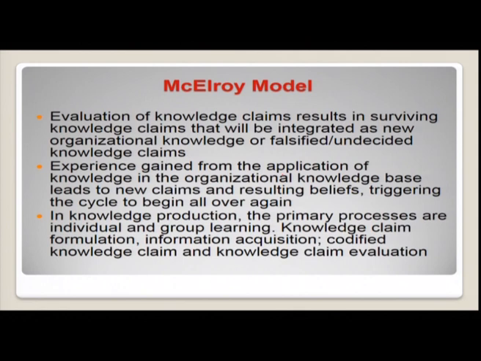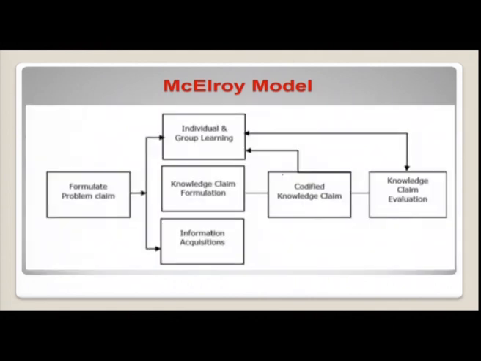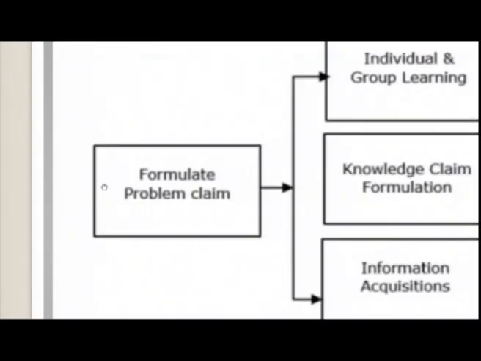In knowledge production, the primary processes are individual and group learning, knowledge claim formulation, information acquisition, codified knowledge claim, and knowledge claim evaluation. Now let us see the diagrammatic view of the McElroy model. First of all, you formulate the problem, you identify a problem.